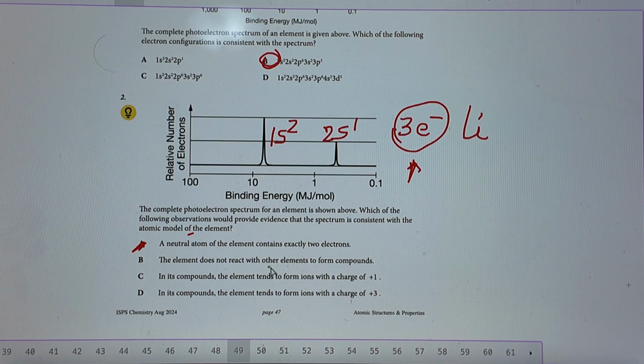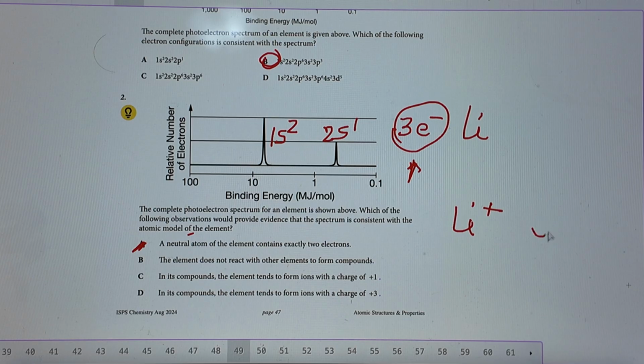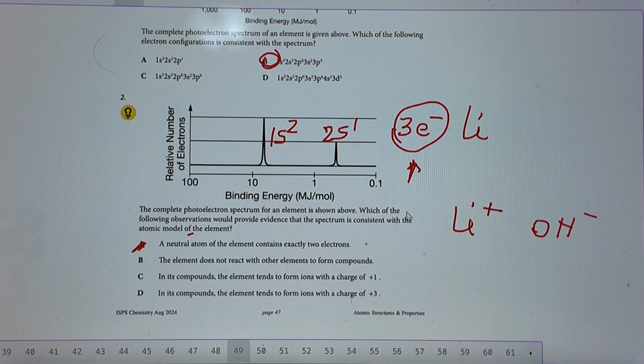The element does not react with other elements to form compounds. That is not true. Li plus is charged, right? And so it would react with other things like OH minus. Those two things would react. So B is not correct.